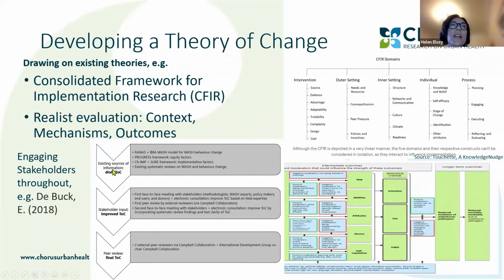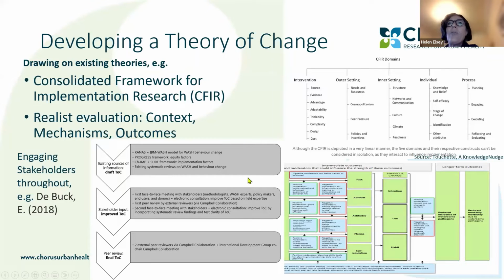In this example from De Book, which is all about water and sanitation, they talk about how they draft the theory of change, and then get different stakeholders to improve it, and then they peer review it. So they go through this whole process to really get clear their theory of change for their health systems intervention. And there are some really nice examples in that paper of the theory of change that they come up with.